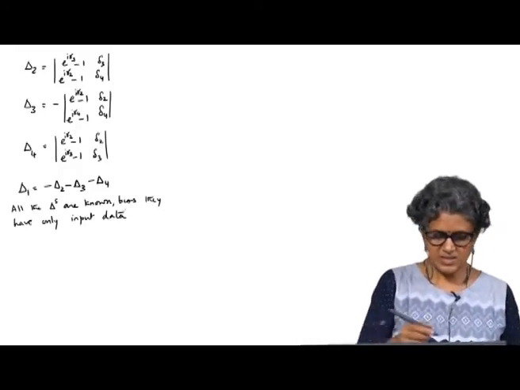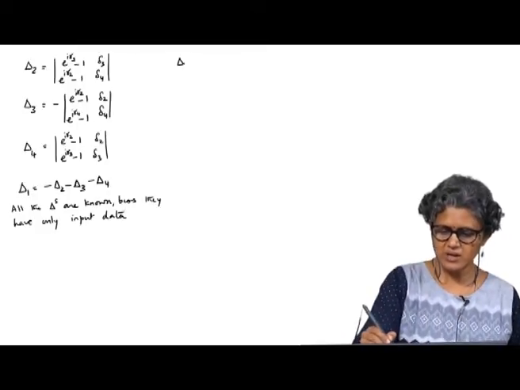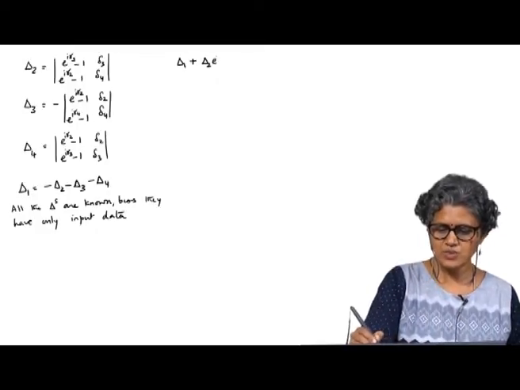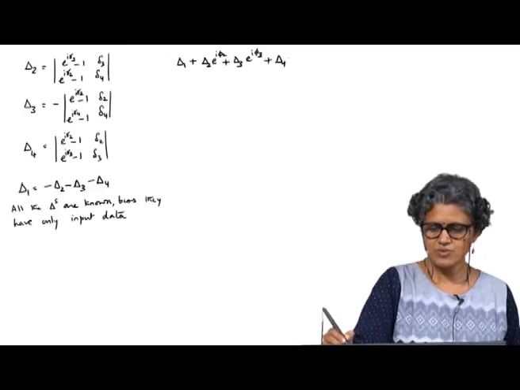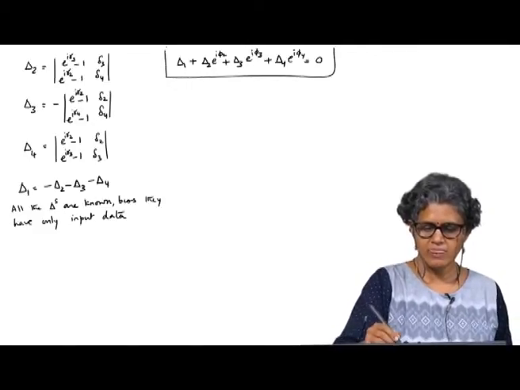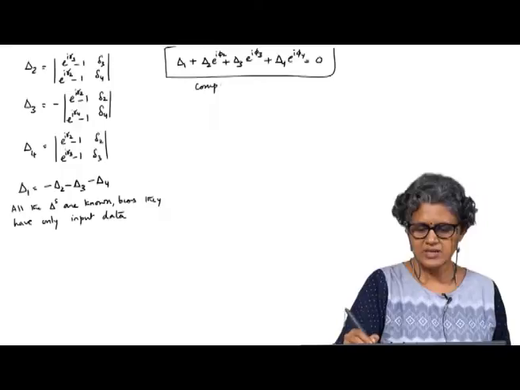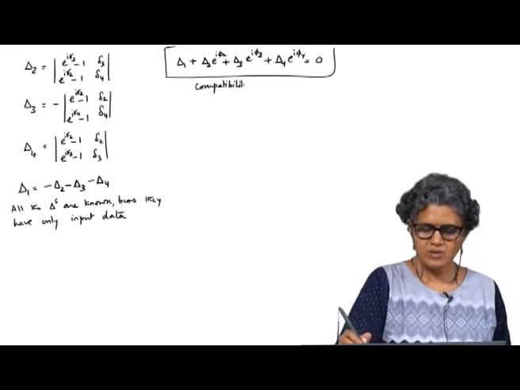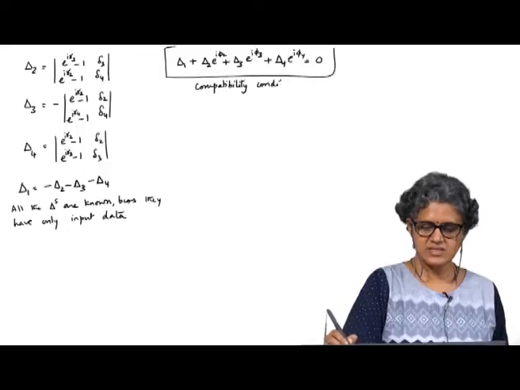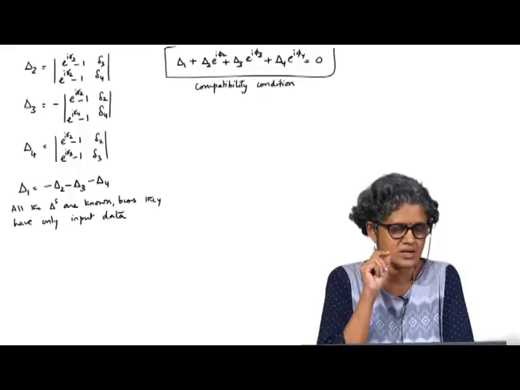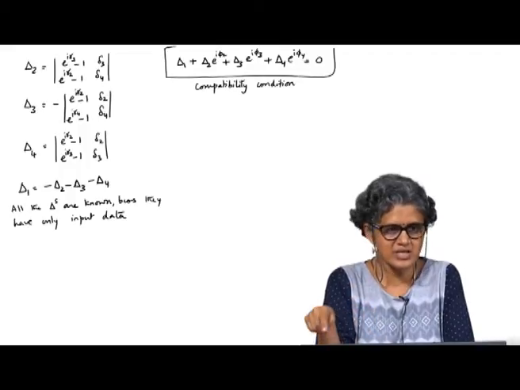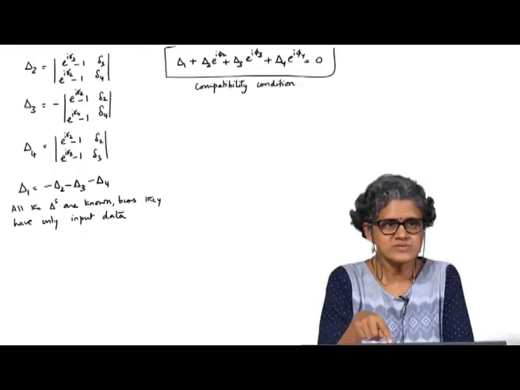So, this condition, delta 1 plus delta 2 e power I phi 2 plus delta 3 e power I phi 3 plus delta 4 e power I phi 4 equal to 0, is the compatibility condition. What that says is, phi 2, phi 3, phi 4 have to satisfy this condition.